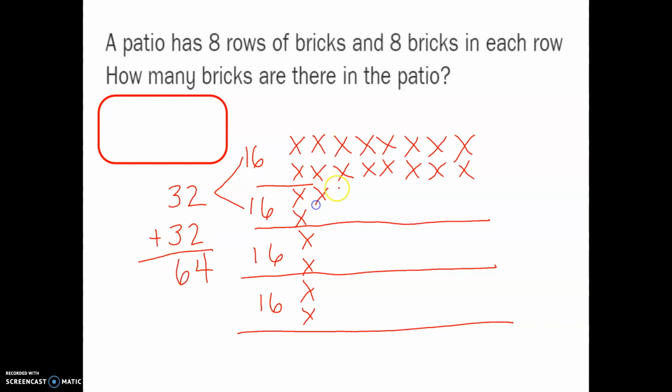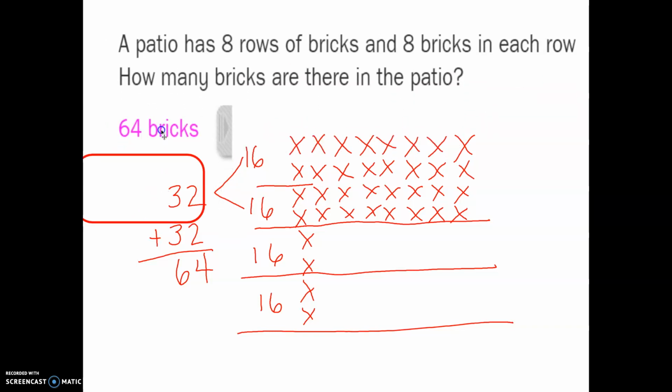Now, ladies and gentlemen, if I would finish that array and count each and every one of those X's, guess what I'm going to get? That's right. I'm still going to get 64 bricks.